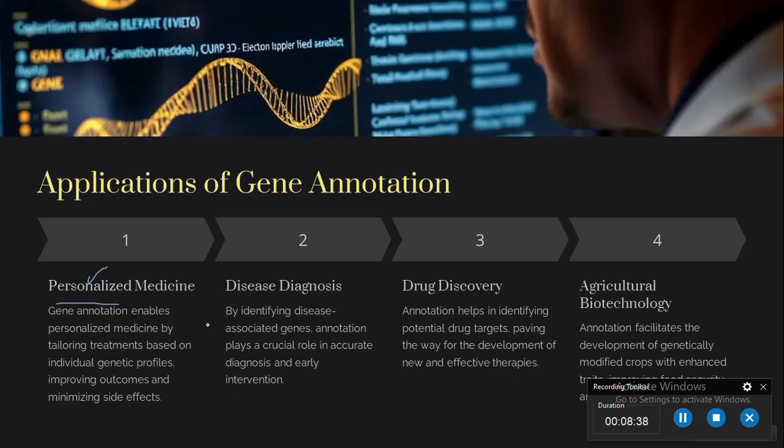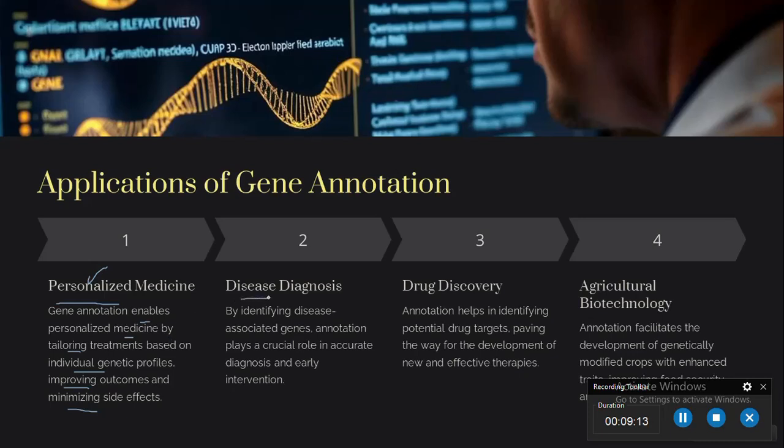I take a person, detect some genetic markers, and predict their response to specific treatment, so I can tailor the treatment for them. Gene annotation enables personalized medicine by tailoring treatment based on the individual genetic profile. This leads to improved outcomes for the patient and minimizes side effects.